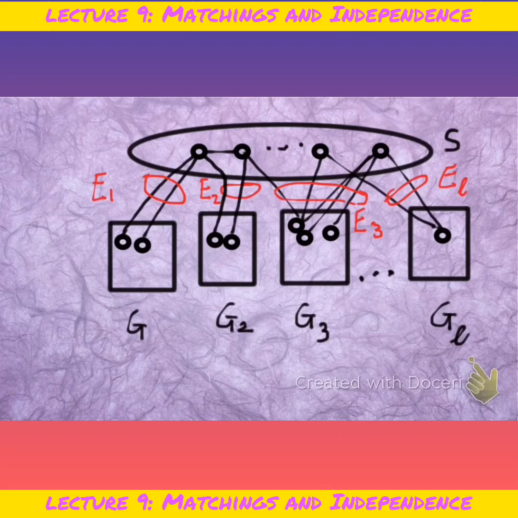Now, in this case, if I look at G2 on its own, and I delete the edges in E2, my graph G2 is going to have 2 vertices of degree 2, and again it's going to have in G2 minus 2 vertices of degree 3.